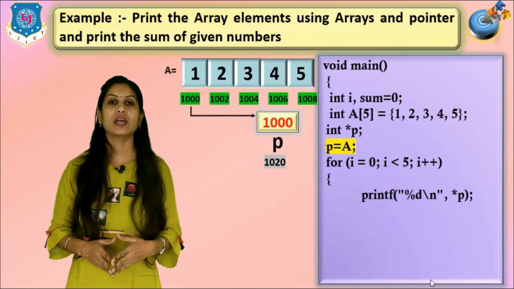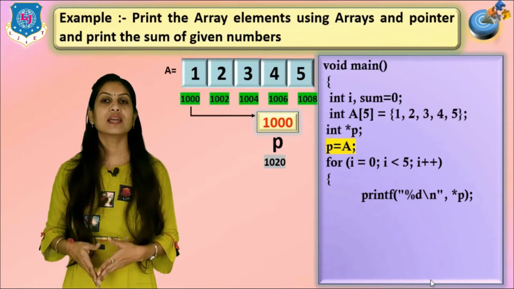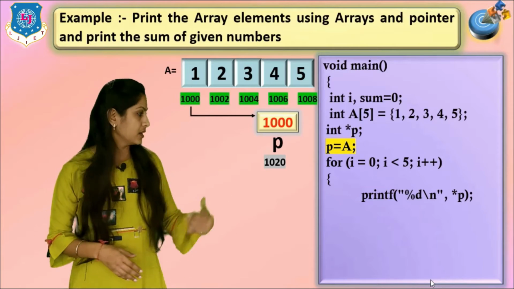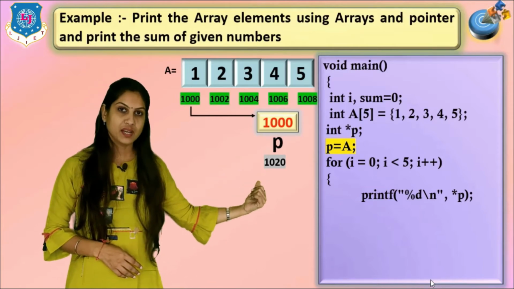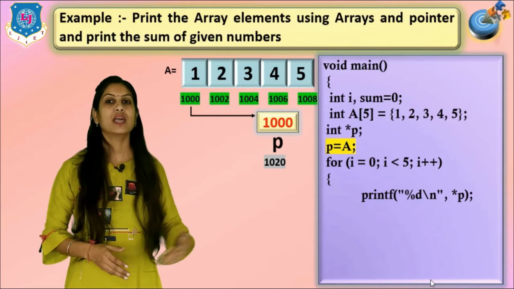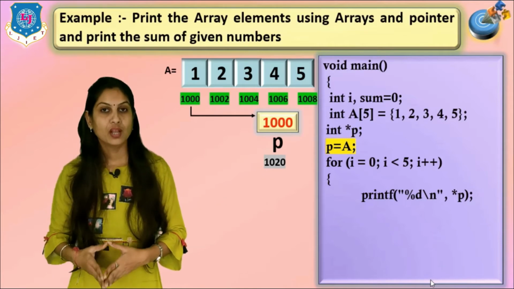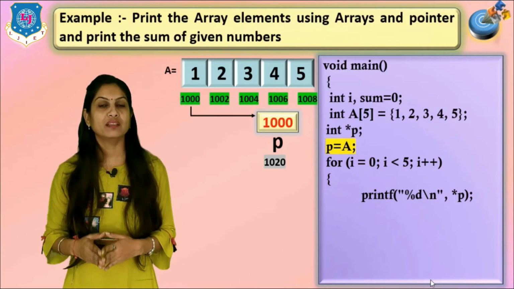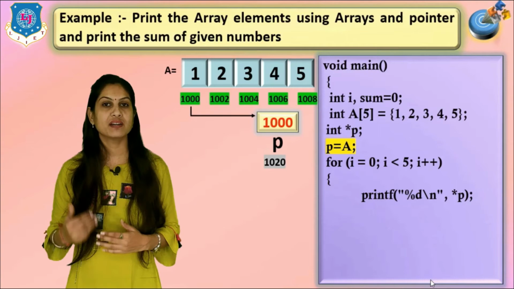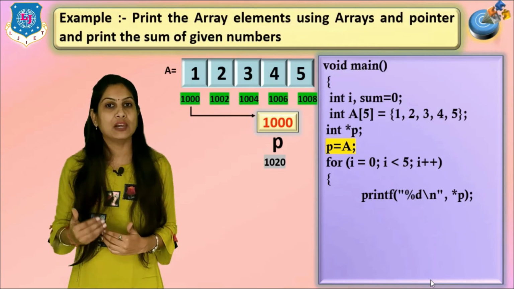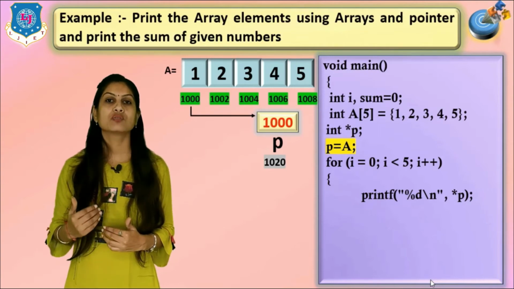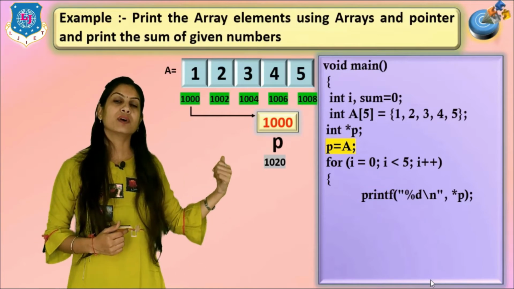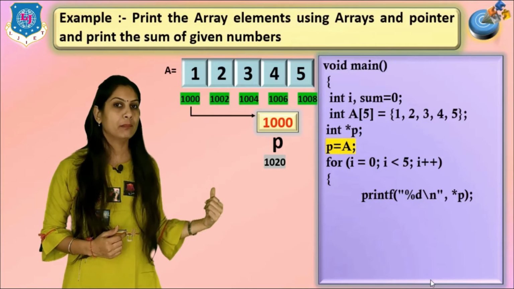Then i less than 5, i plus plus, and inside it we are printing the array elements using the syntax printf, then %d \n and then value of star p. So star p I am putting again. If I put p, then it prints only 1000, but now we want to print the value at 1000 location. So before pointer we put star, means here the first value, that is 1, will be printed.